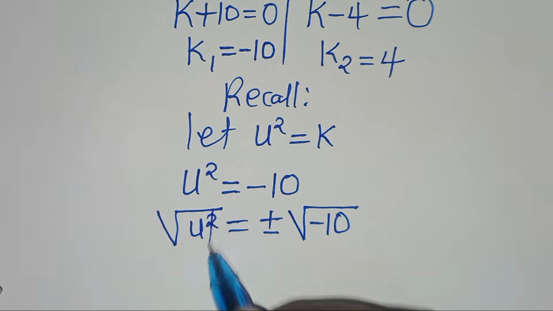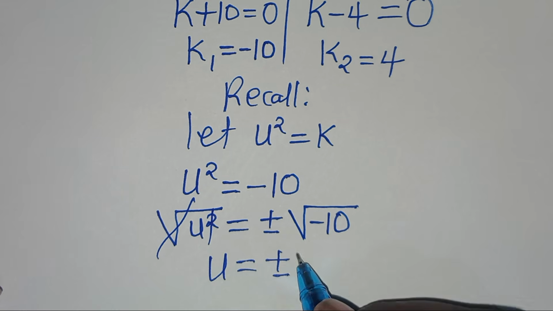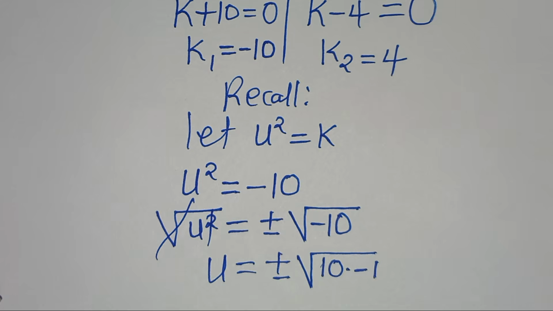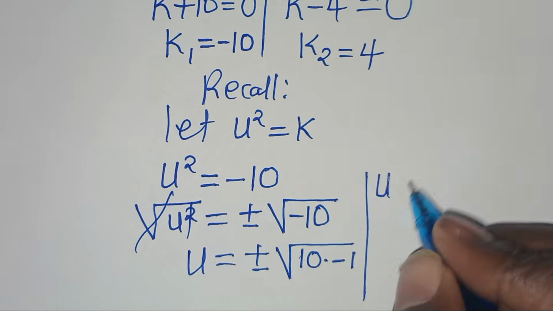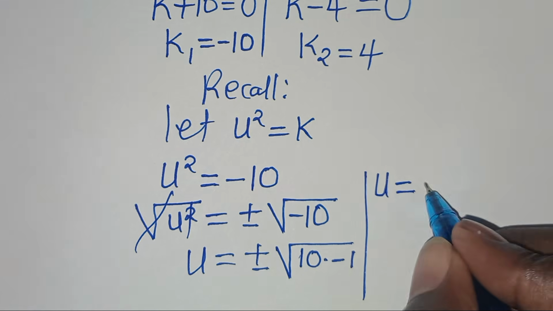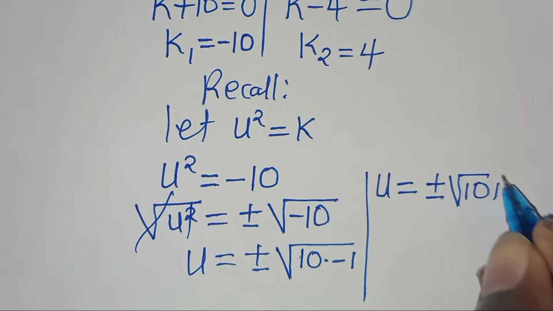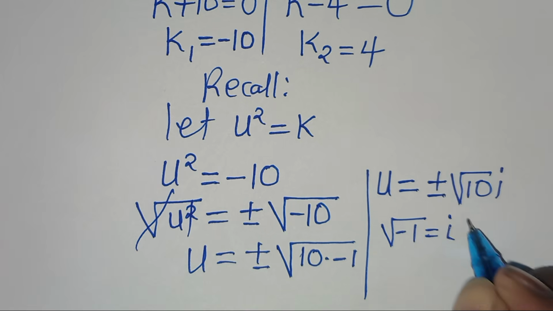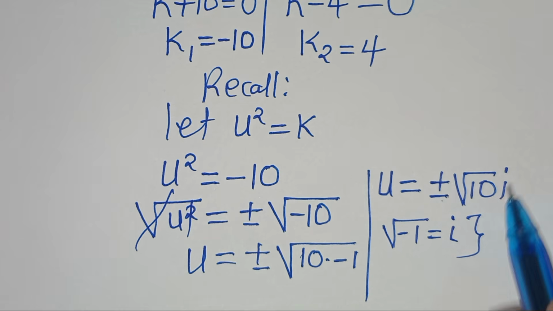We can express the square root of negative 10 as the square root of 10 times negative 1. So this indicates that u is equal to plus or minus square root of 10 i, since the square root of negative 1 is the same thing as i. So u is equal to plus or minus root 10i.